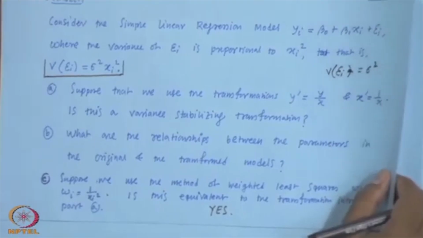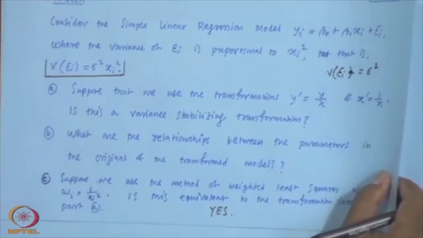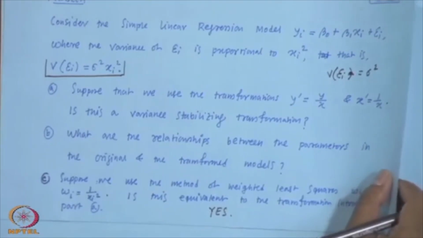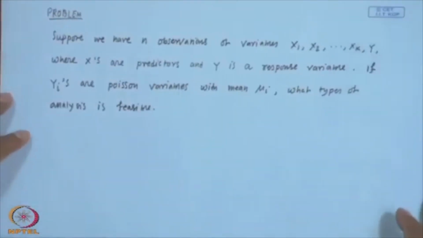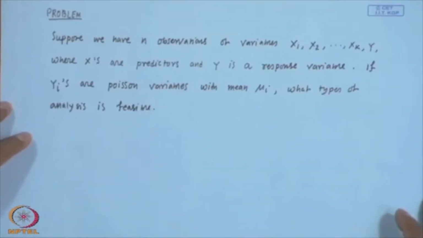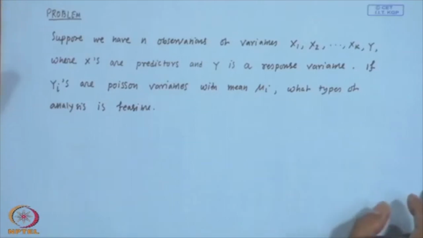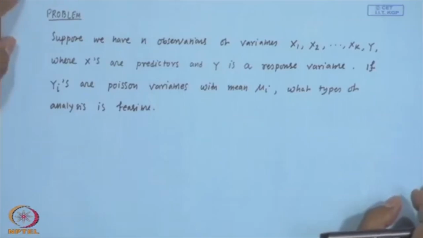Okay. So, this is one problem we considered from the variance stabilizing transformations, and next I will be considering one more problem. This problem is from the generalized linear model technique. Okay.